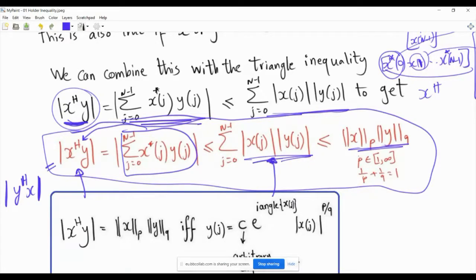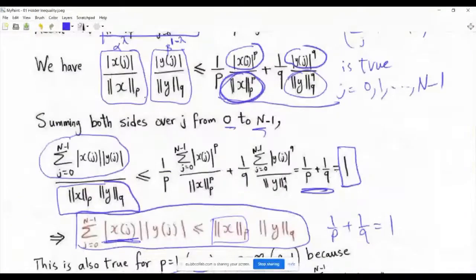And now you can basically trace when those inequalities can be satisfied with strict equality. So for example, for the triangle inequality, remember, it is satisfied with equality if all the complex quantities have the same angle, the same argument. And for Holder's inequality, it is derived using Young's inequality.